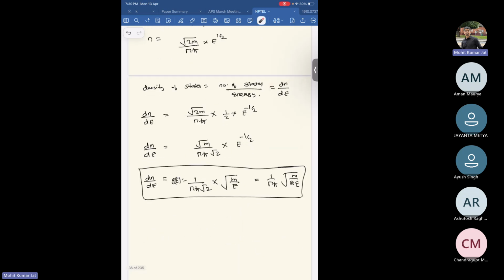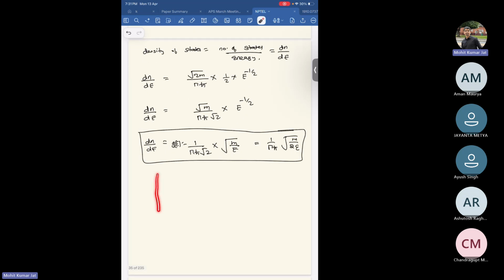That gives us 1 by pi h bar under root m by 2E, where E is the Fermi energy. So if I draw for 1D, the density of states will be like this. For 2D, it is constant.